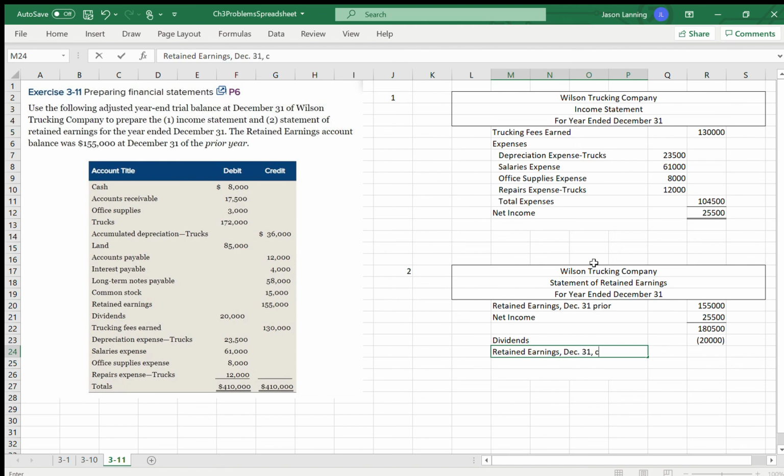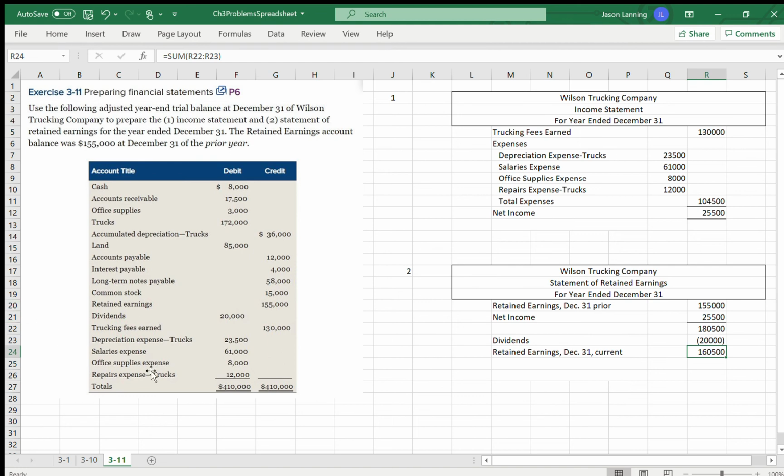And that was prior. We'll say this is current. So again, we'll put a total line here. And our retained earnings at the end of this period is just our beginning retained earnings plus net income minus dividends. So we're looking at $160,500 for retained earnings. Okay.